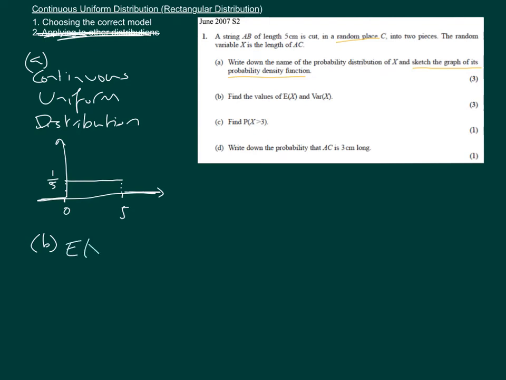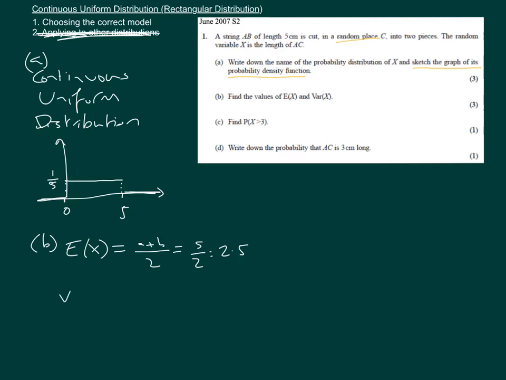So for the mean, we know that the formula is a plus b over 2. In this case that's 0 plus 5 over 2, so that's 5 over 2. So the expectation of x here is 2.5.